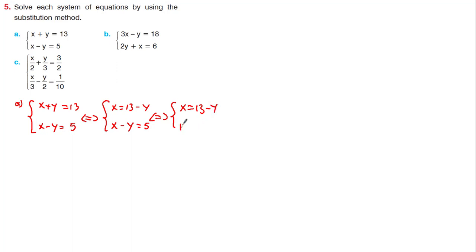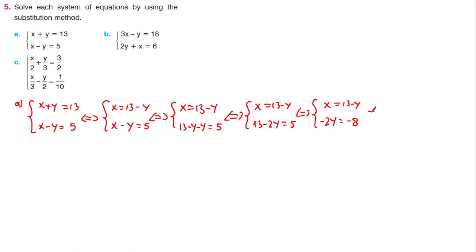So we get 13 minus 2y is equal to 5, and x is 13 minus y. Now we have negative 2y is 5 minus 13, that's negative 8.